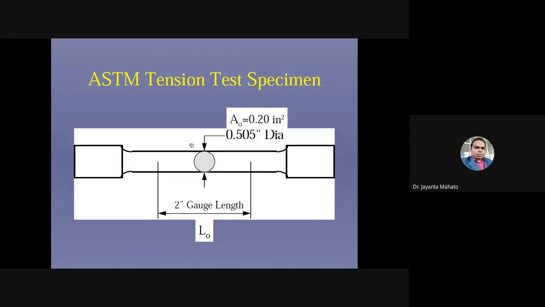There is a relation: the ratio of gauge length divided by gauge diameter should be around 4.5. This is the ASTM standard rule, so it should be 4 to 4.5.